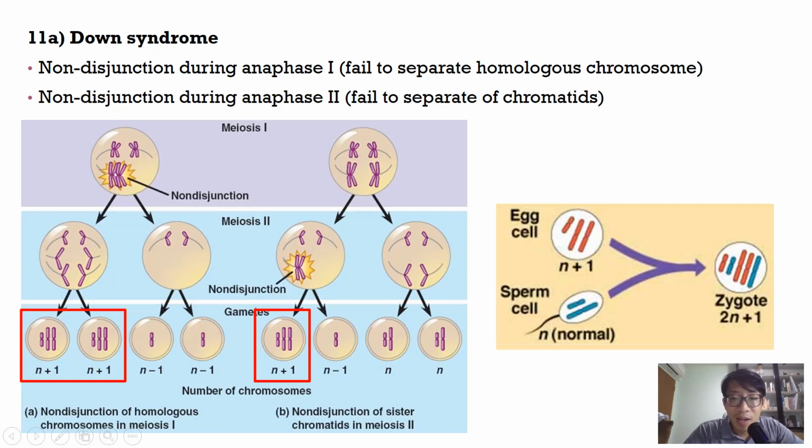So if this extra chromosome is chromosome 21, then that would cause the zygote, which is the fertilized cell after fertilization, to have one extra chromosome 21. Then the individual that grows from this zygote would have an extra chromosome 21, right, so the individual would have Down syndrome, right?